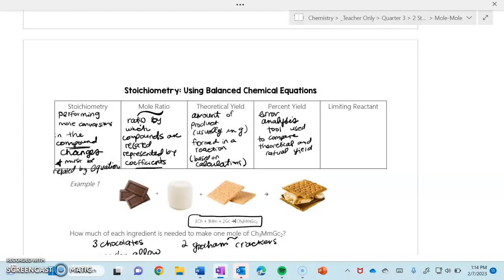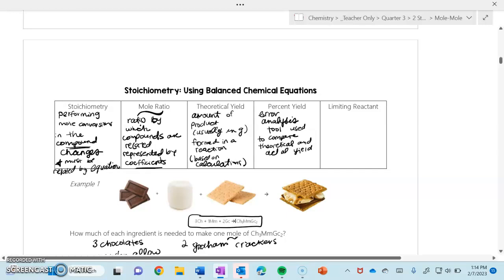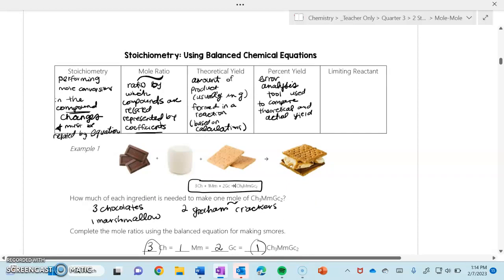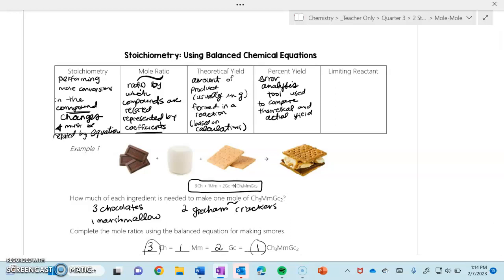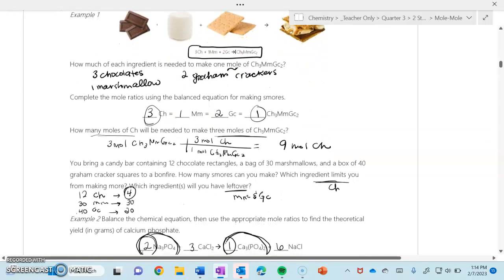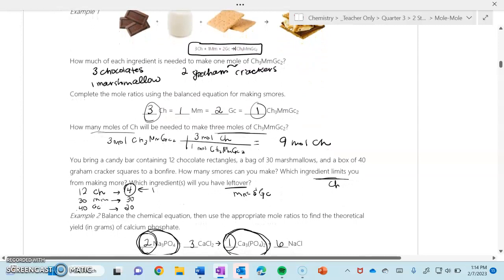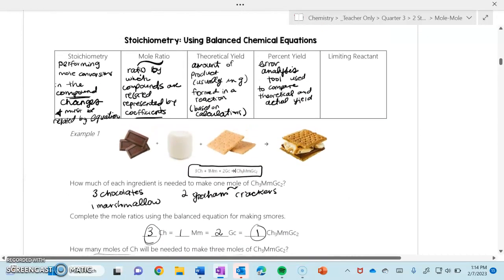And we're going to calculate that just like you would for any other percent, part over whole. Like in our example, the theoretical would be the 4, and our actual would be the 3 if we burnt some or broke some.